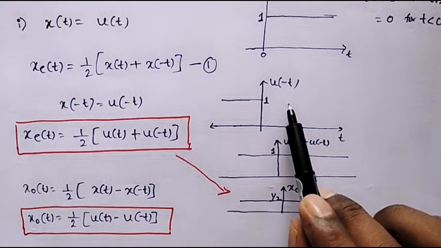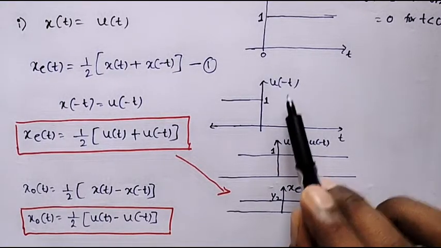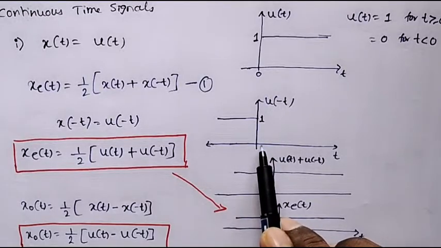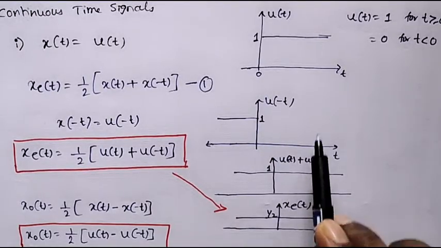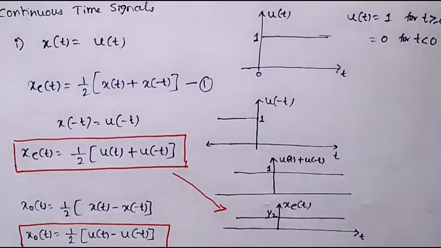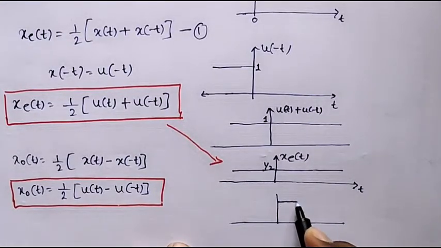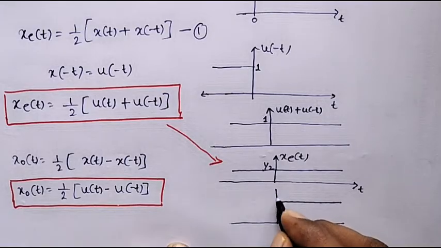So here u(-t) should be subtracted from u(t). Here we can observe that for t greater than 0 the value of u(-t) is 0, but here the value of u(t) is 1. So this will be the amplitude.